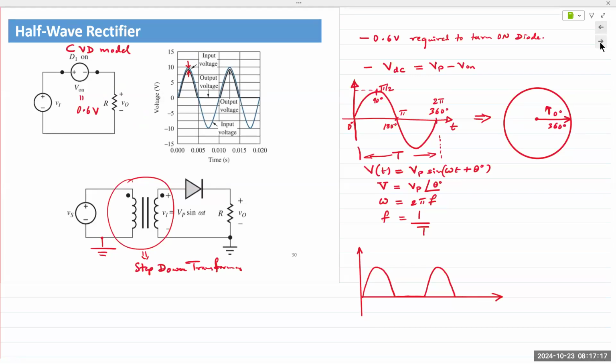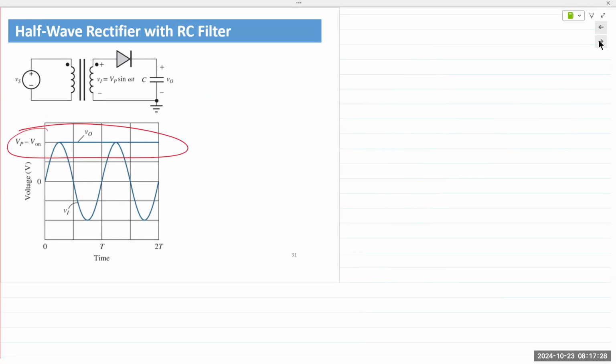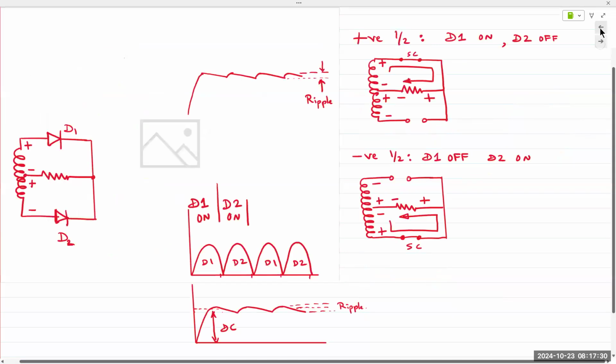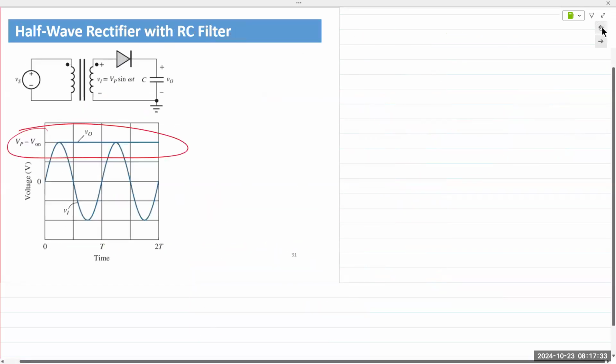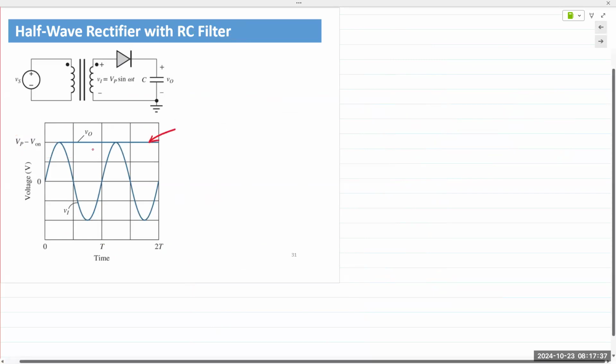And when we do that, we obtain a waveform that looks like this. Now, this is, of course, exaggerated. An actual DC waveform from the capacitor would not look completely flat like this. This is for an ideal and large capacitor. Okay, so we add a capacitor at the output.